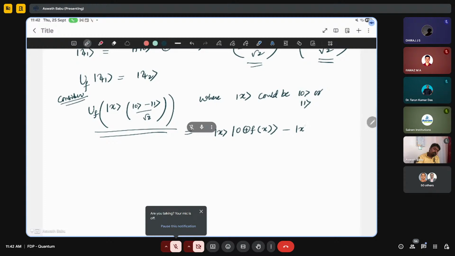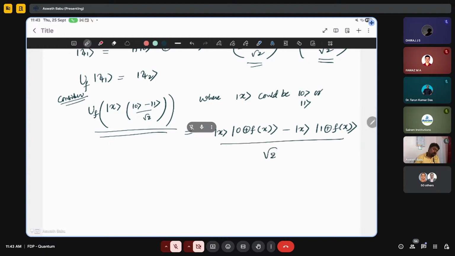This is what the unitary gives when acting on an input state like this. Now let's try to simplify. You add a 0 to any function, it stays the same function. You add 1 to any function, we don't know what f of x is, by the way, so I'll keep it as it is, 1 plus f of x, divided by square root of 2.